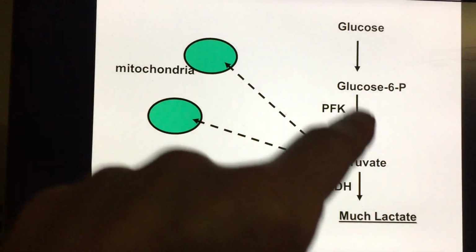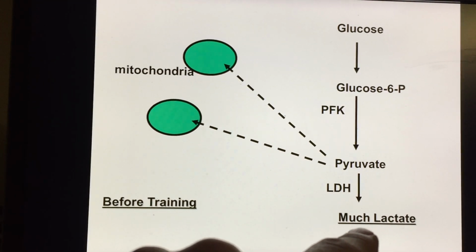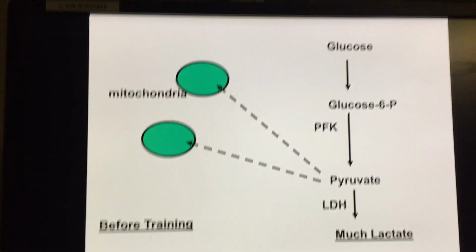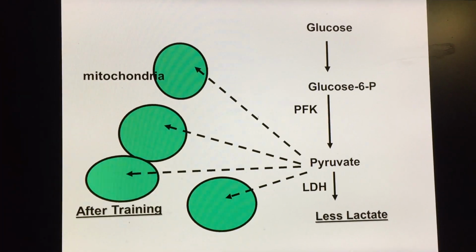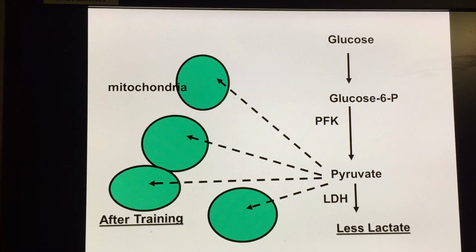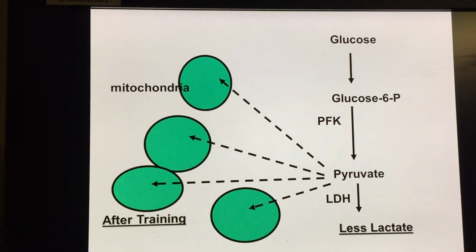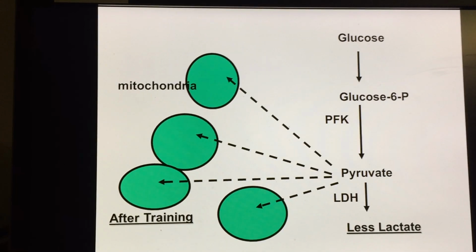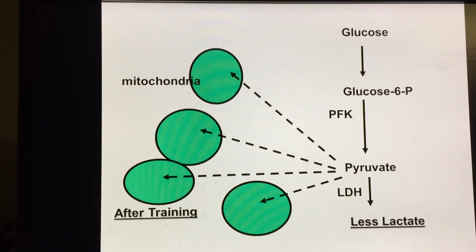The pyruvate is being driven to produce more lactate, and there's not a lot of pyruvate that's being taken up by the mitochondria. Whereas if you have a lot of mitochondria, it's more likely that your pyruvate is going to make it into the mitochondria, go through that pyruvate dehydrogenase reaction, and enter into aerobic metabolism.